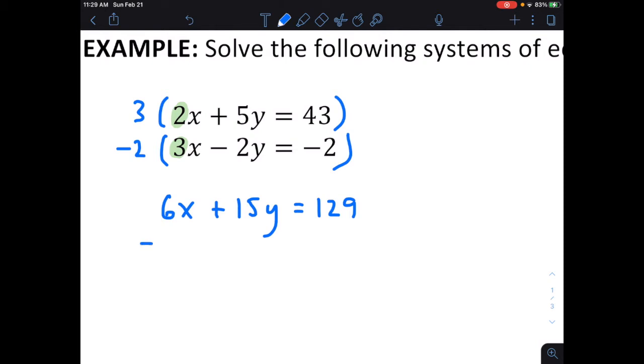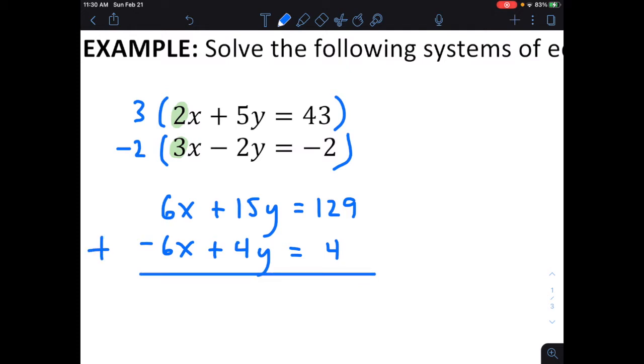So this becomes negative 6x. Ooh, negative times negative plus 4y. And another negative times a negative is plus 4. So I chose to do the bottom equation by the negative number because it eliminated a bunch of negative numbers for me. Now that's something that you may or may not see. If you see it, that's great. If you don't, that's okay too.